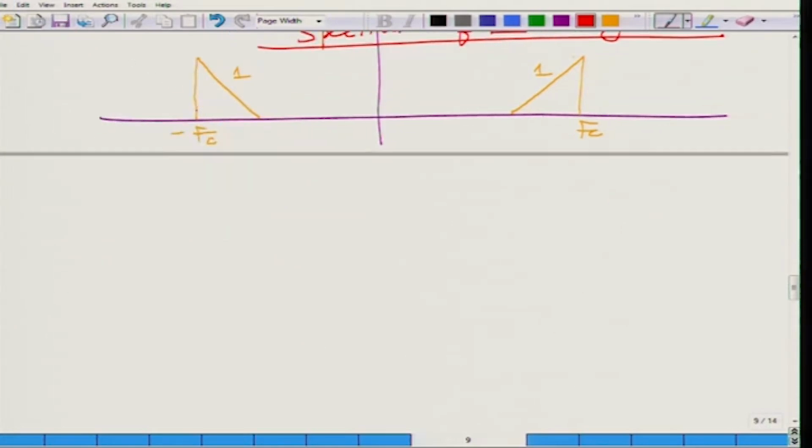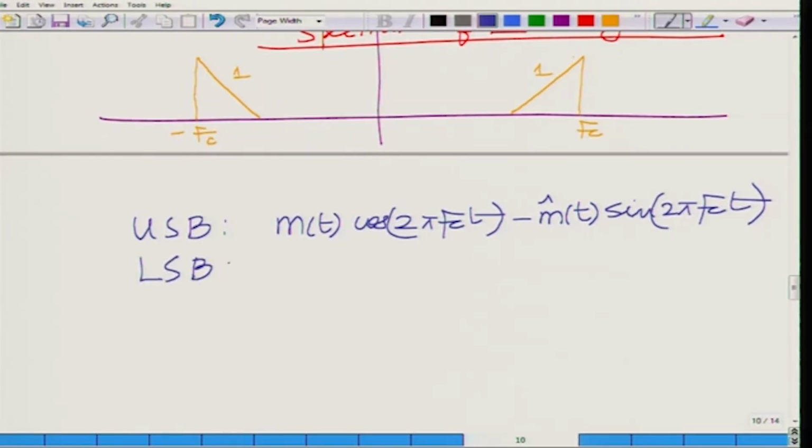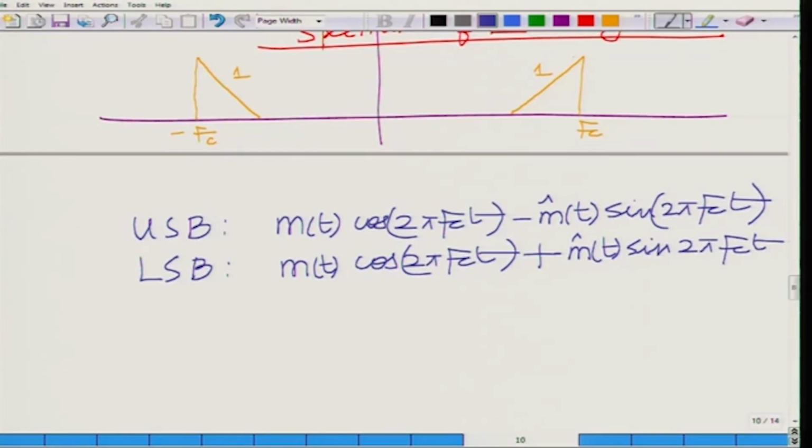So, to summarize, what we have shown is that the USB signal, the upper sideband modulated signal, is m t cosine 2 pi f c t minus m hat t sin 2 pi f c t, and the lower sideband modulated signal is m t cosine 2 pi f c t plus m hat of t sin 2 pi f c t.